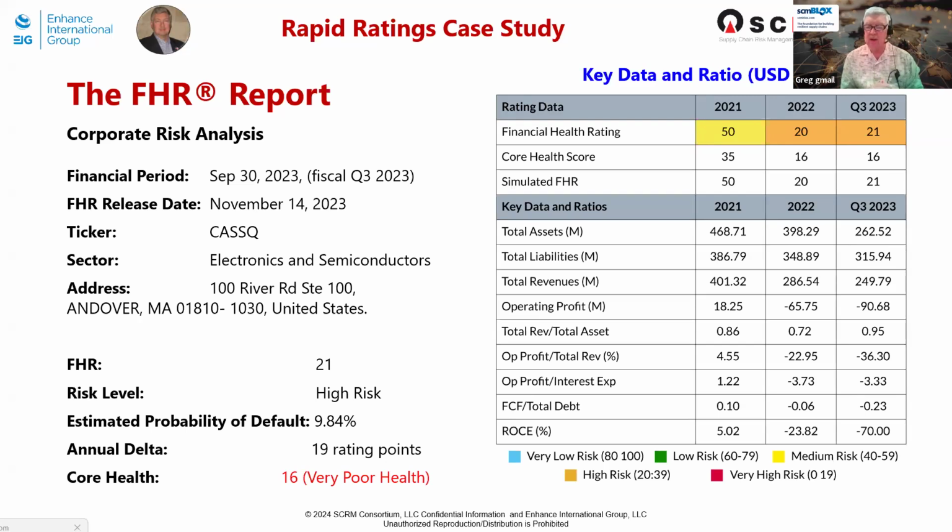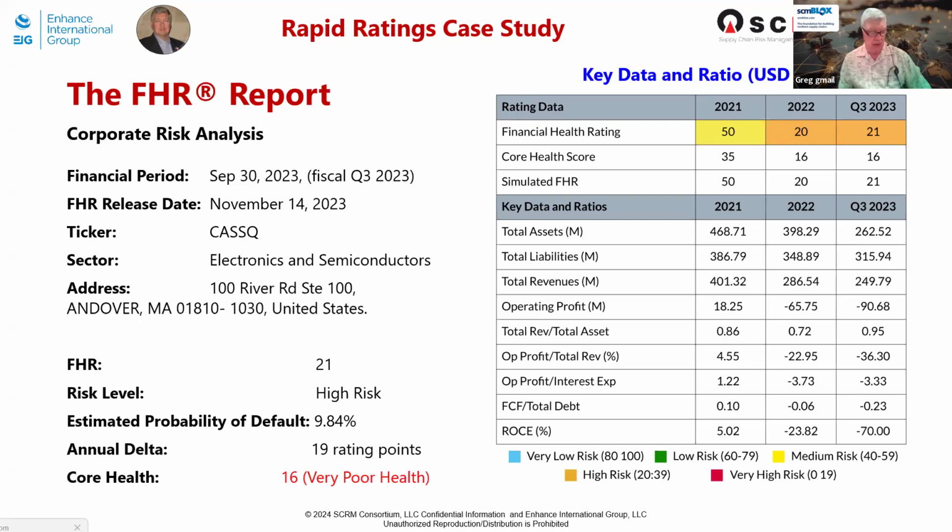The top one, financial health rating, went from yellow to orange and then orange to red. Another rating in the middle is operating profit. You can see how that degraded over time. And finally, the bottom, ROCE, return on capital employed, went from a positive to a huge negative.